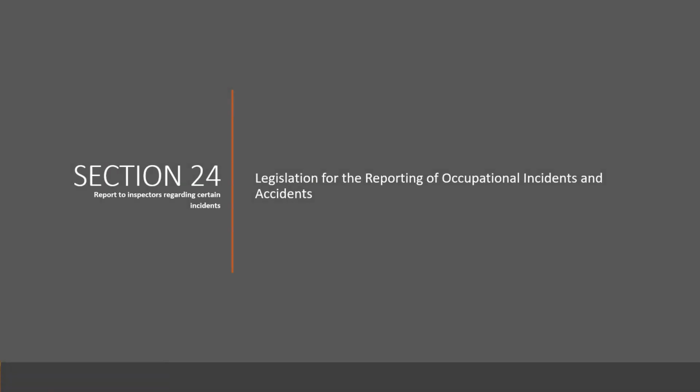Let us start off by reading Section 24 of the Occupational Health and Safety Act under Report to Inspectors regarding certain incidents. This is the legislation for reporting of occupational incidents and accidents.